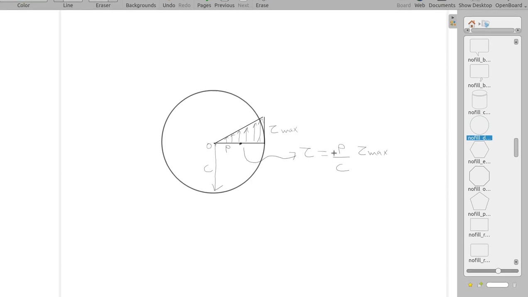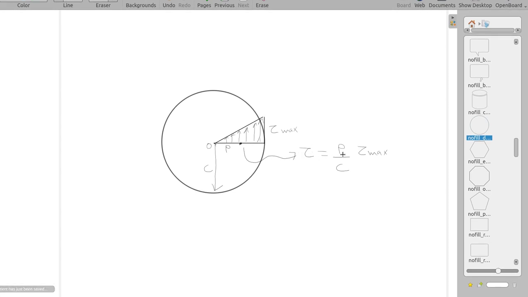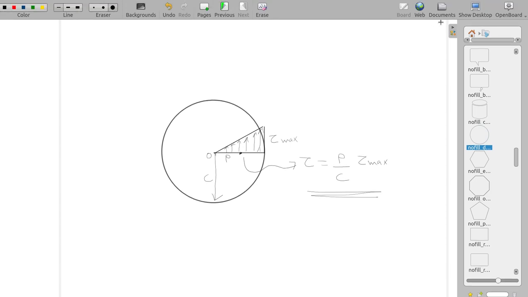So this linear variation of rho makes sure that tau is also varying linearly. So this equation is basically the third assumption we used, nothing else.